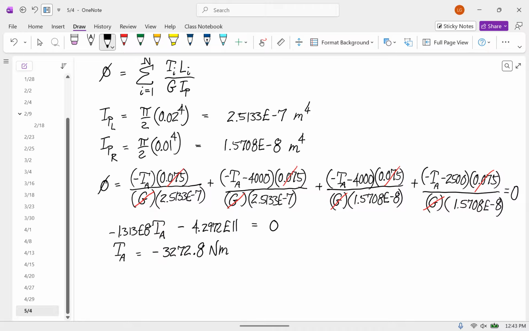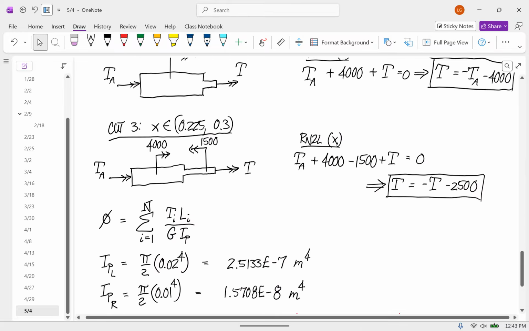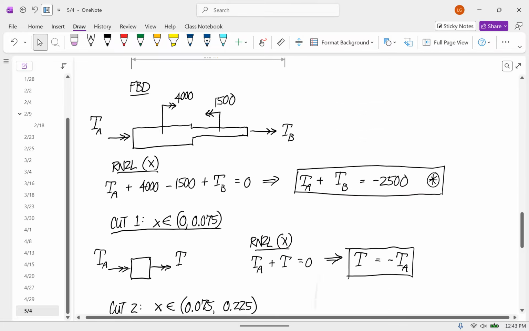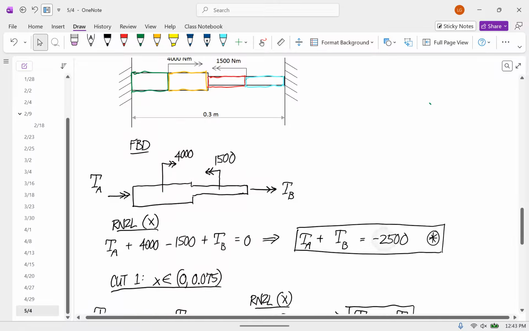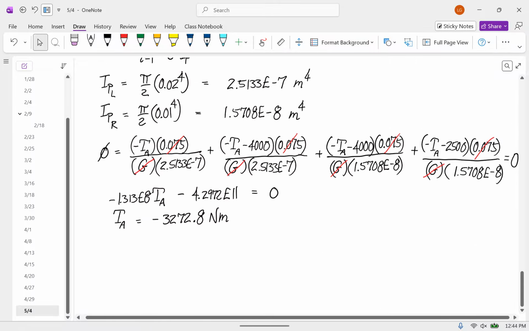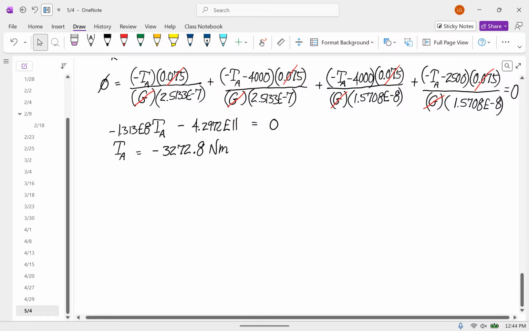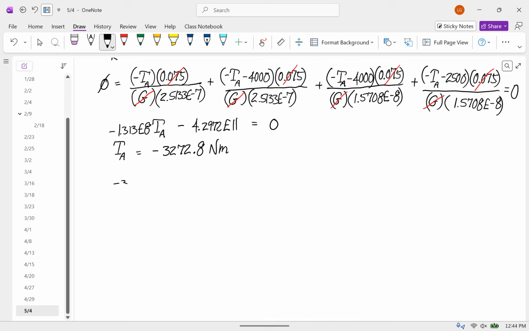Then you can plug that back into our statics equation to find TB. Here was our statics equation. So they have to add up to be negative 2,500. And so negative 3272.8 plus TB is equal to negative 2,500.